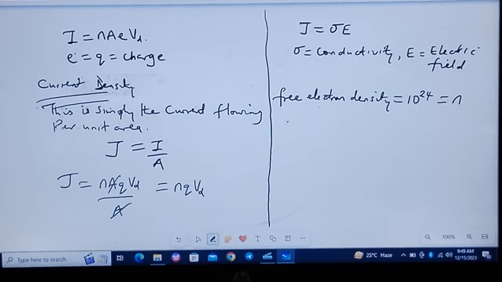Okay, assuming you have a drift velocity, maybe voltage is applied and you now have a velocity of about, let's say, 1.5 times 10 to the power minus 2 meter per second.